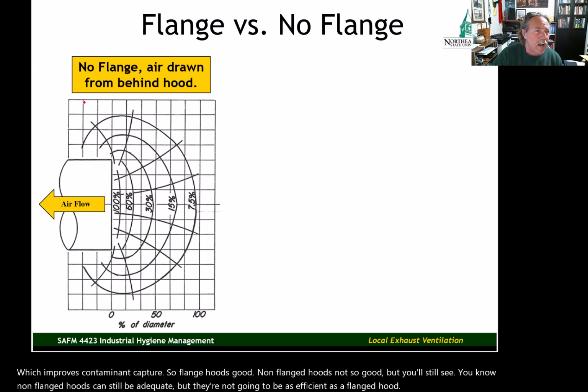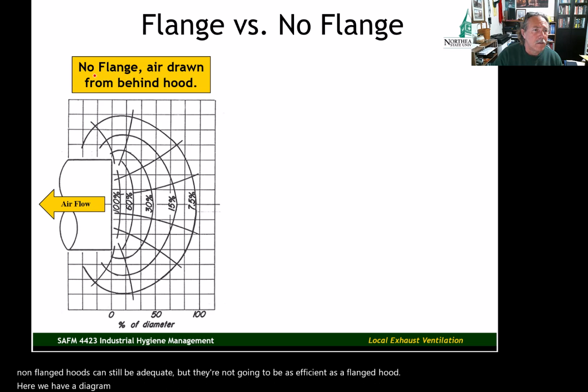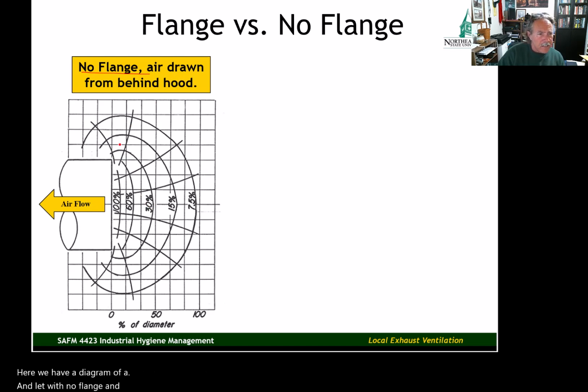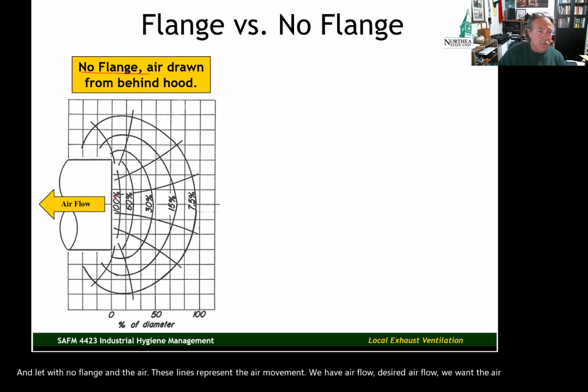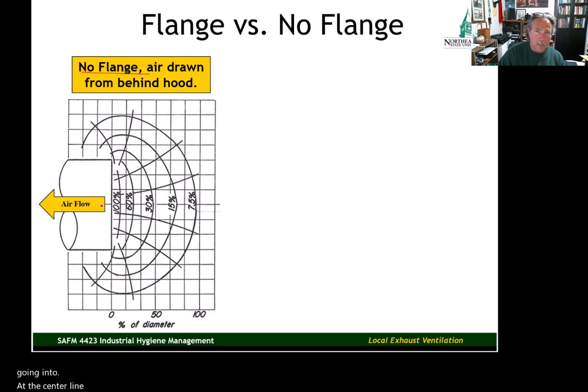Here we have a diagram of an inlet with no flange, and these lines represent the air movement. We have airflow, desired airflow. We want the air going in at the center line of our ventilation system, of our inlet.